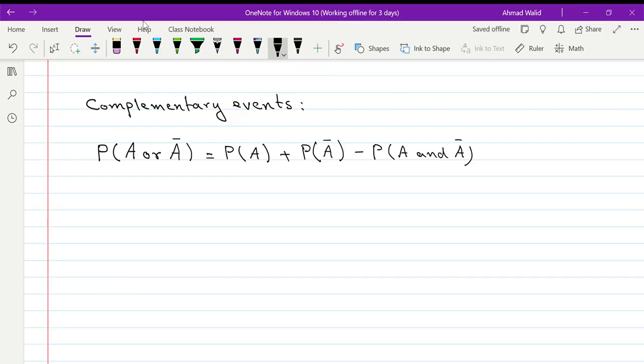You see, because an event and its complement are disjoint, right? Because if you look at an example of rolling a die, if your event is 2, the complement of 2 is 1, 3, 4, 5, and 6.